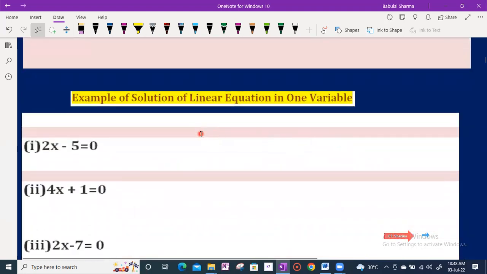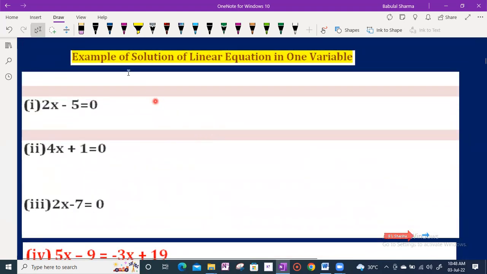And then some examples of linear equation in one variable: 2x minus 5 is equal to 0. Because here x is the one variable and the coefficient of x is not 0, that is a linear equation in one variable. Similarly, 4x plus 1 is equal to 0.